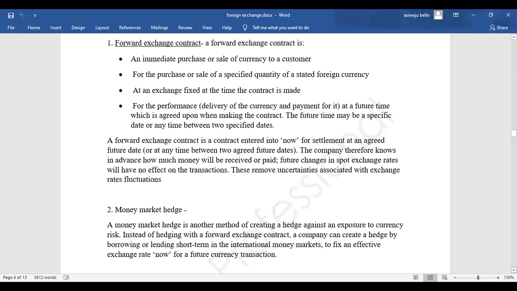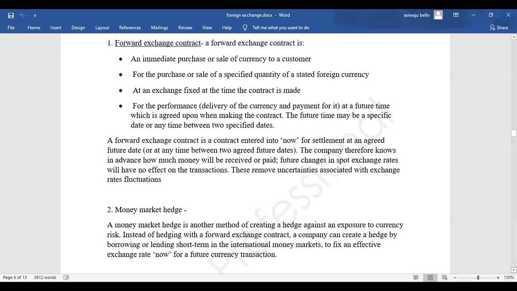You can borrow or lend in the international money market with a view to fixing an effective exchange rate now for a future transaction. So you can use money markets to hedge against foreign currency fluctuation.